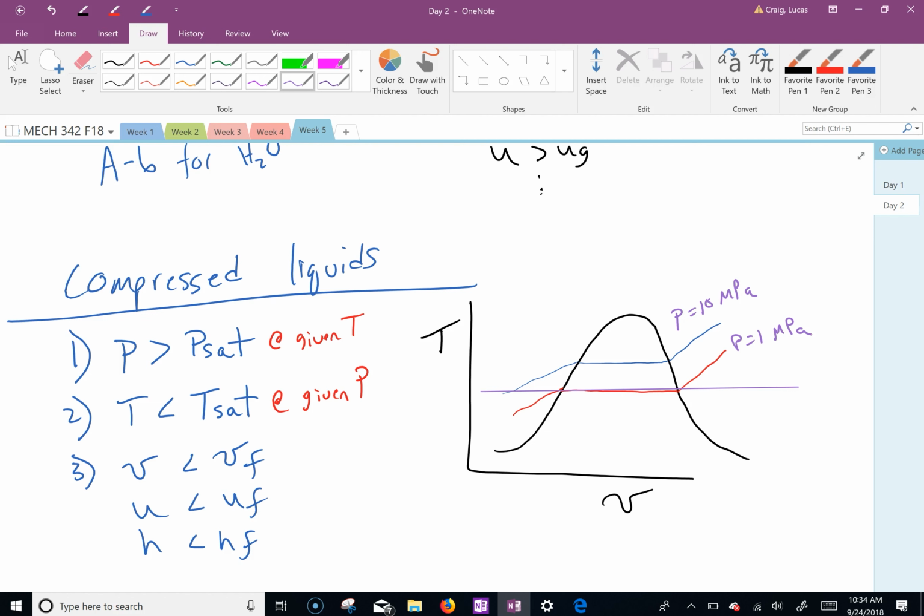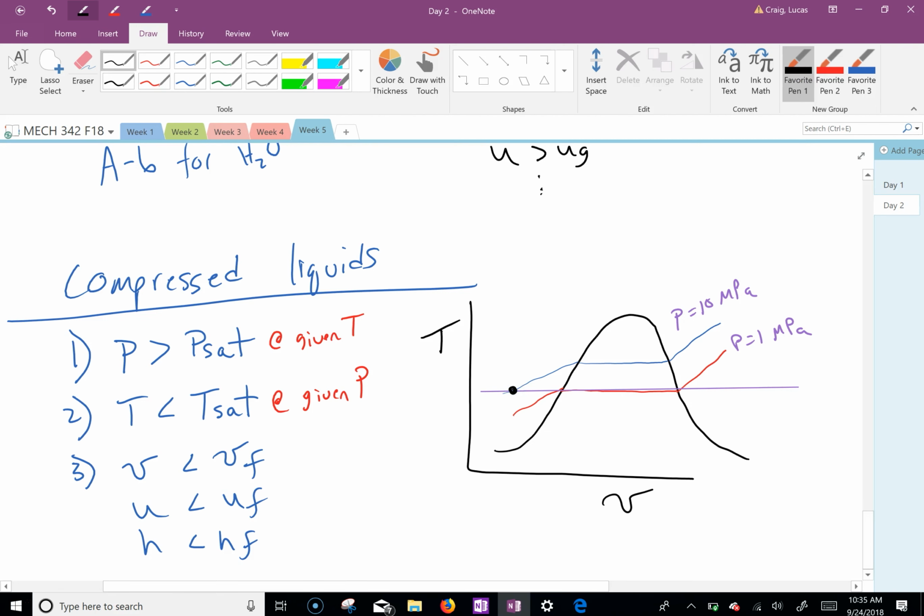All right, so instead of picking the red to be us, let's say we're on the blue line. So we're on this blue line, we're at 10 megapascals, we're on the left of this line. Say we're right here at this point.